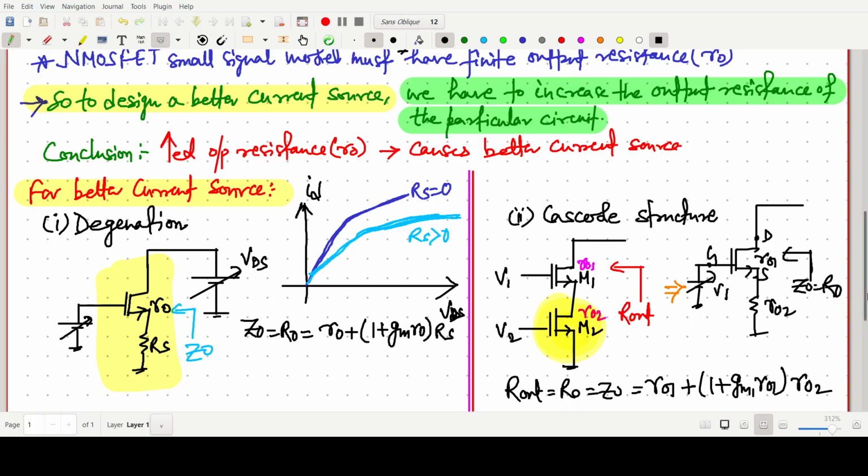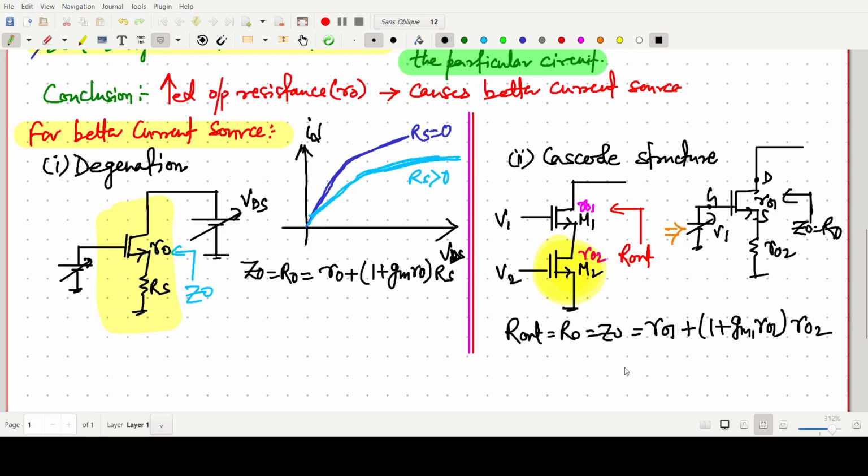Here, if we consider gm1 R naught 1 to be much greater than 1, then the overall R output is simply gm1 R naught 1 R naught 2.